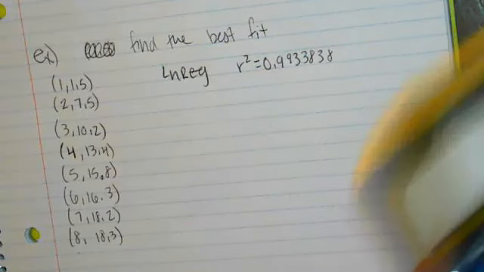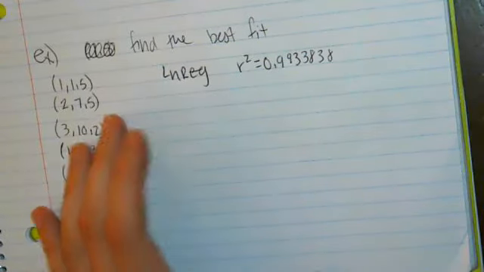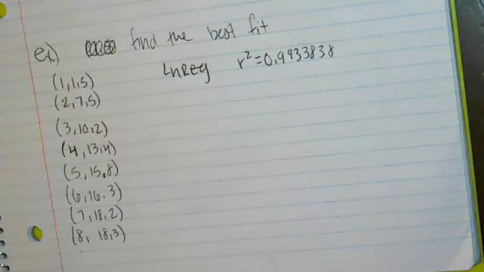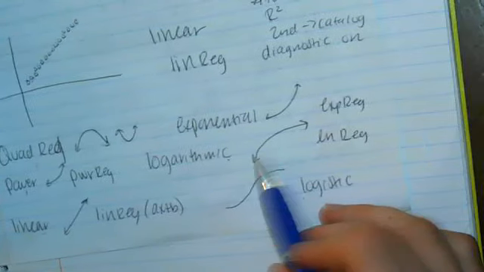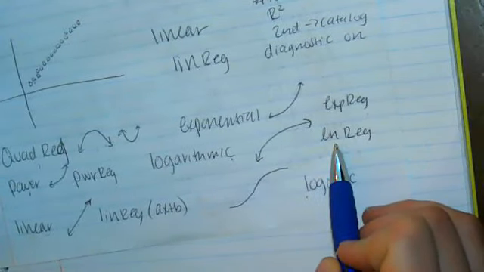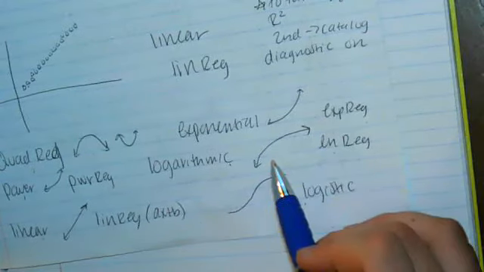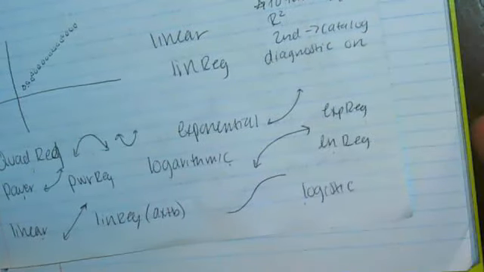So when we're testing models that look like this, for one, let's go back to all of our shapes. When we tested this logarithmic one, that's at the exact same time testing that natural log function, since one is just a variation of the other.